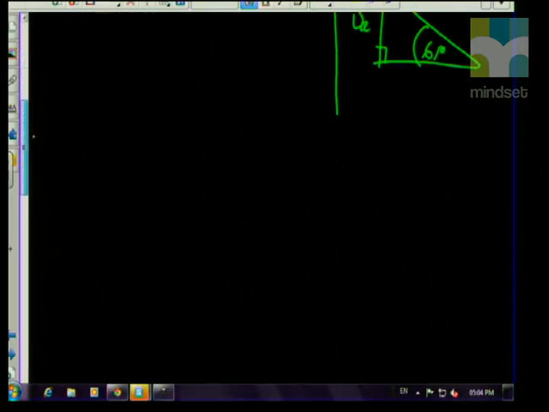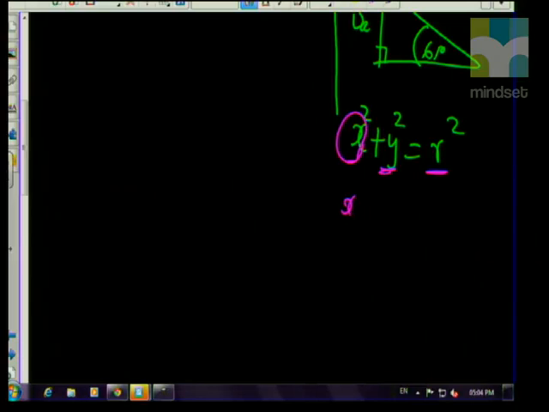Remember, your Pythagoras theorem says x squared plus y squared equals r squared. What's given here is y and r, right? So now this is an unknown. So I've got x squared plus the y, which is the square root of a, squared, equals 1 squared, right?